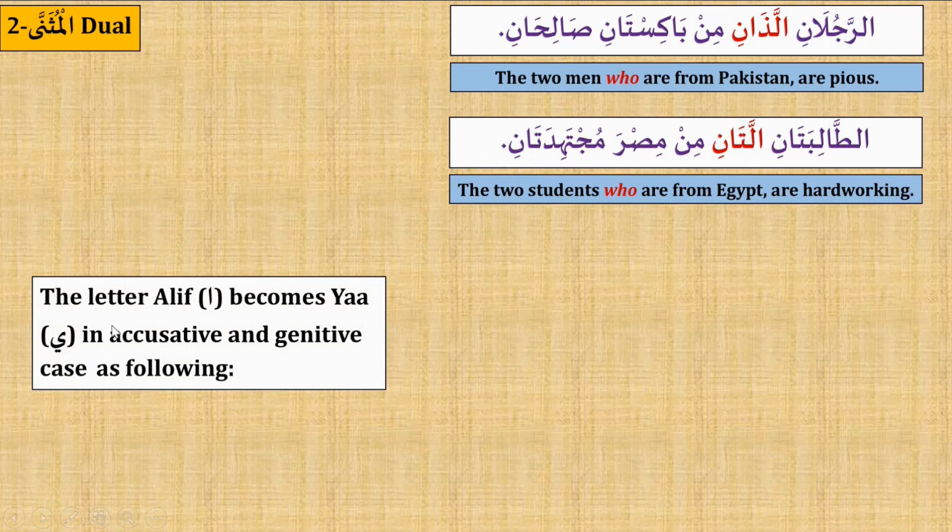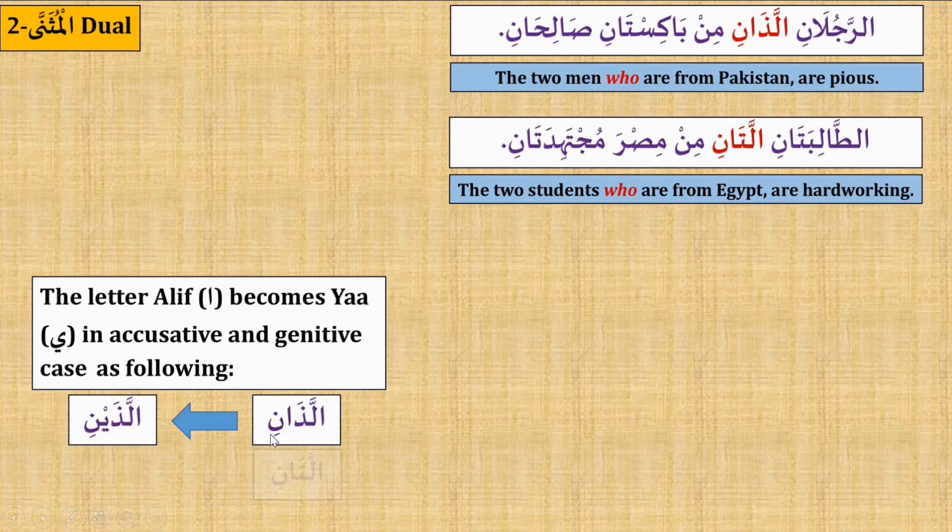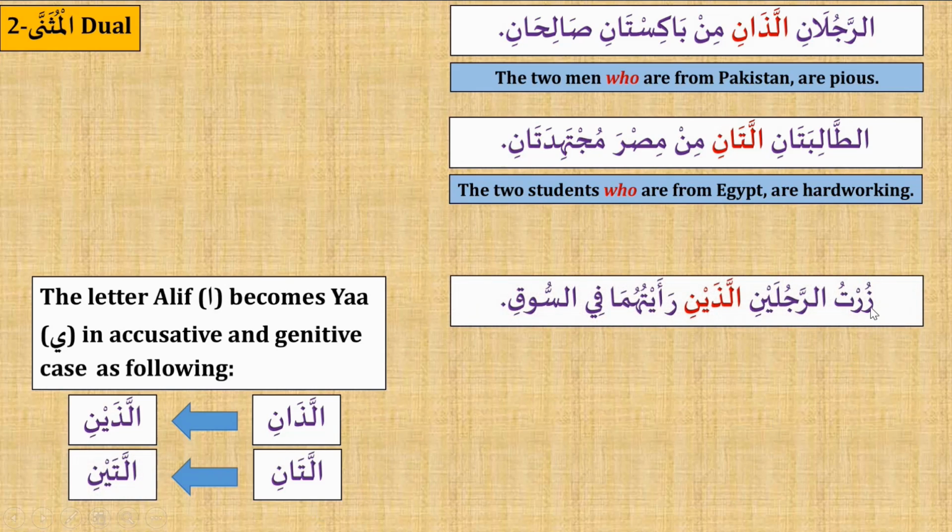Please note that the letter alif becomes ya in accusative and genitive case as following. اللذان becomes اللذين and اللتان becomes اللتين. Now let's use it in the sentence. زرت الرجلين اللذين رأيتهما في السوق.